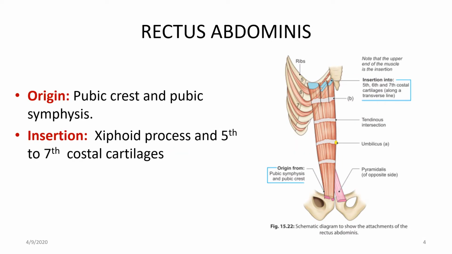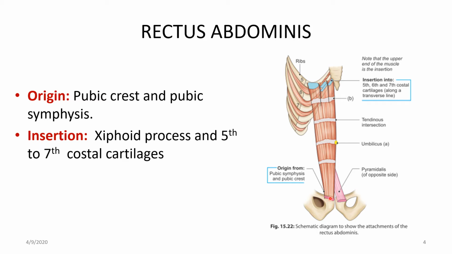Now let us look at the origin and insertion of the muscle. You are seeing the rectus abdominis on one side and the pyramidalis muscle of the opposite side here. Now let us concentrate on the rectus abdominis muscle. It's a straight muscle and it takes origin from the pubic crest and pubic symphysis.